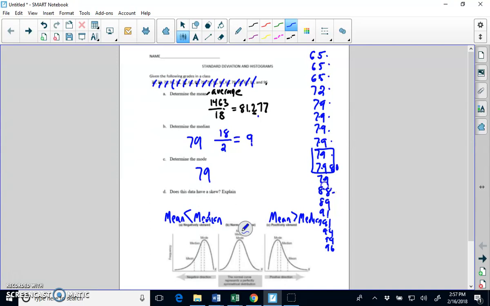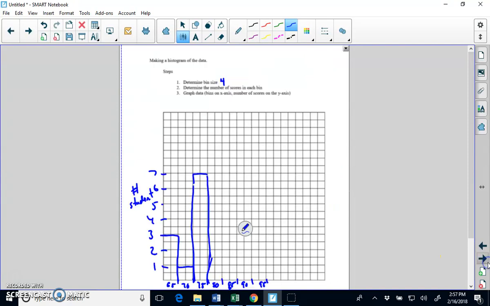So we put a bar of 2 there. There was none in 80 to 84. I finished it off between 90 and 94. There were 4 scores in that bin. And in the last bin, there was 1 score.